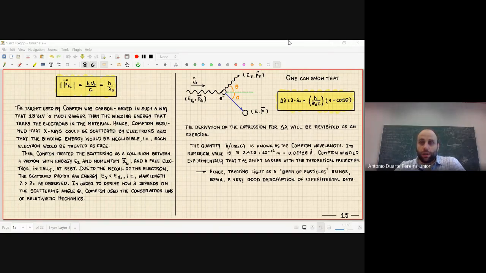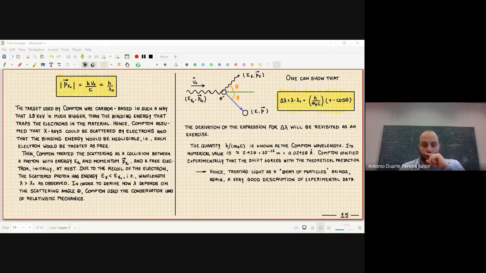Okay. So I see that there is something in the chat. Mahmoud asked, what is the importance of the Compton effect? Well, for the time being, the Compton effect is just an experiment that, again, shows to us that light has to be treated as a beam of particles.